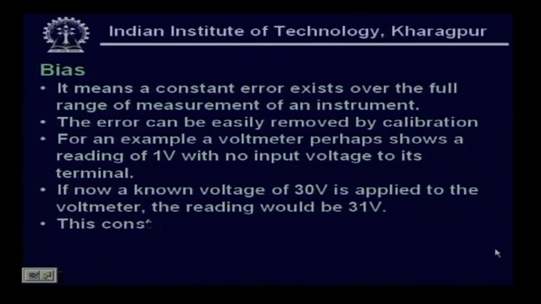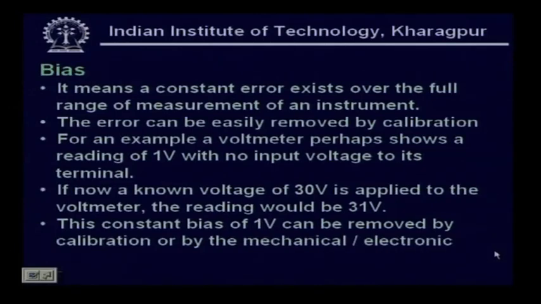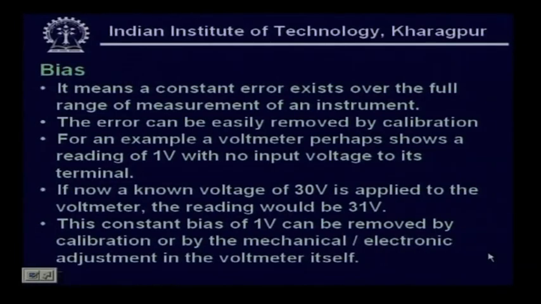So, obviously, this constant bias of 1 volt can be removed by calibration or by simple mechanical or electrical means, for example by adjusting the needle, or in the case of an auto voltmeter, by charging some capacitors when there is no input voltage, so that the bias voltage will be subtracted or added to the final value when you are measuring some voltage.